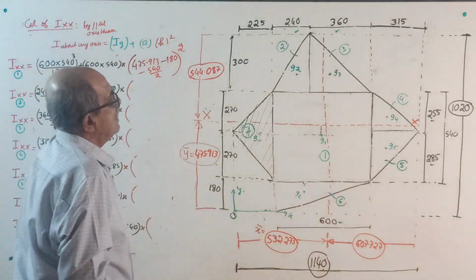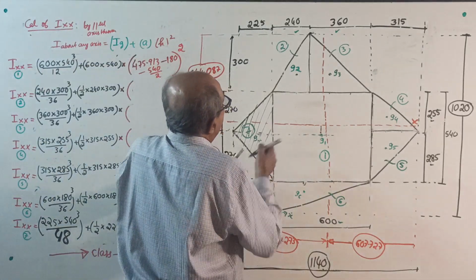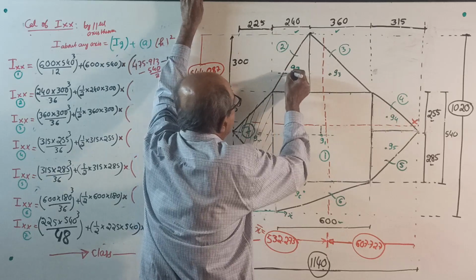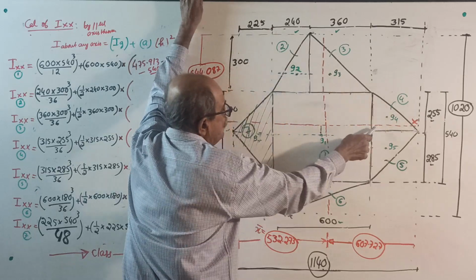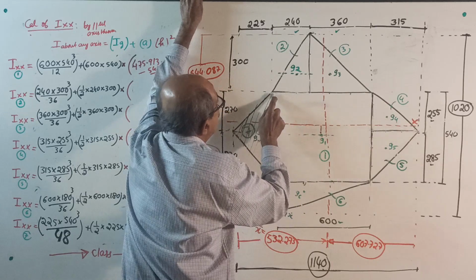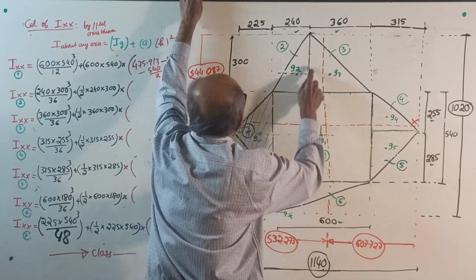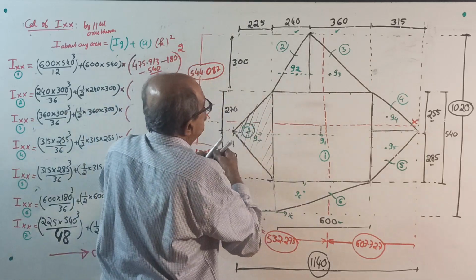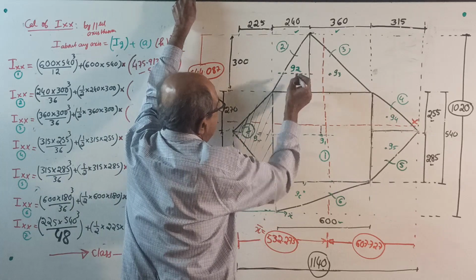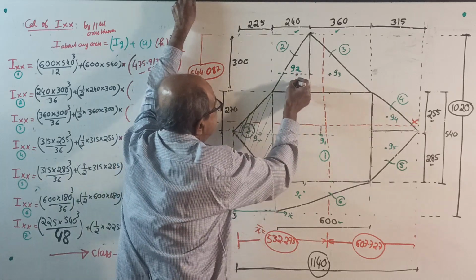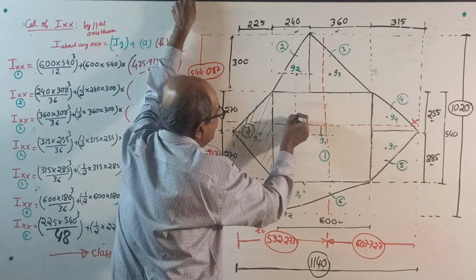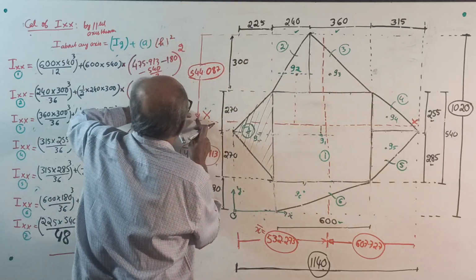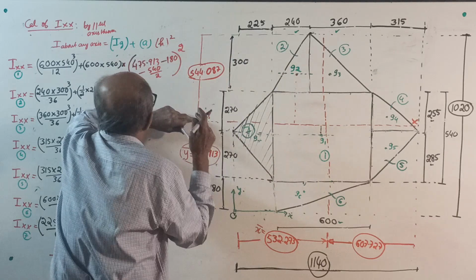Figure number 2. I about its own centroidal axis parallel to XX: 240 into 300 cube by 36, plus area into the perpendicular distance square from centroid to XX. The distance is 544.087.